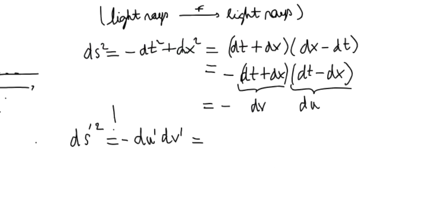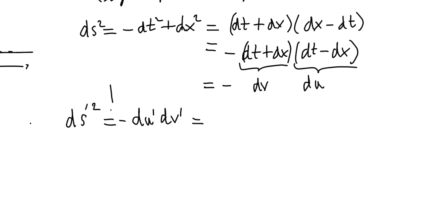So it means that we can write minus the f of u du du, the f of v dv dv.